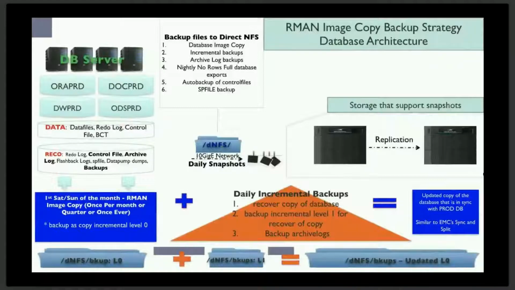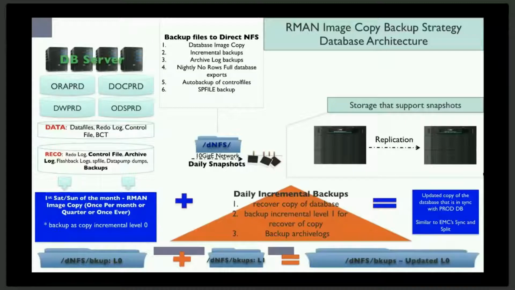A lot of DBAs are not familiar with this concept of image copies. This is what we call an incremental forever backup strategy, and we can actually do this kind of backup strategy on Oracle Cloud. This is where we take an image copy of the database once and we take incrementals going forward.